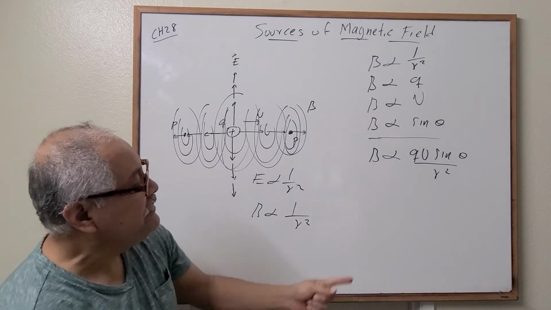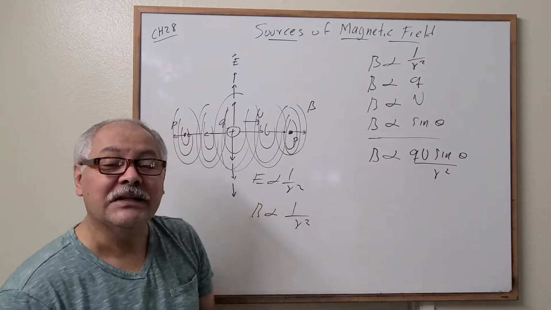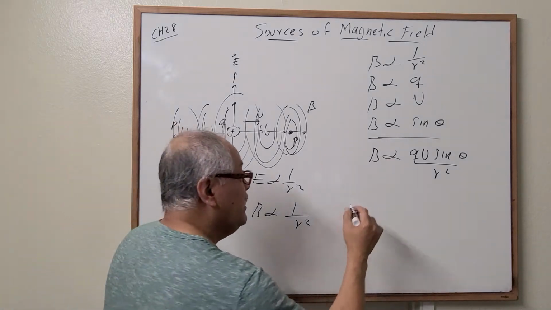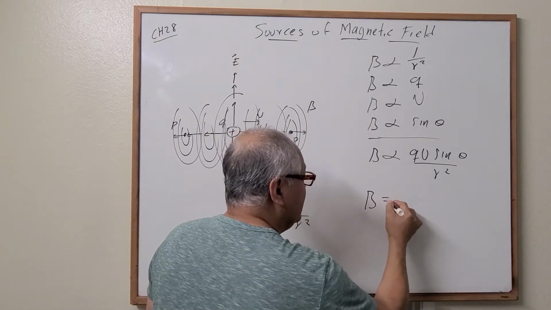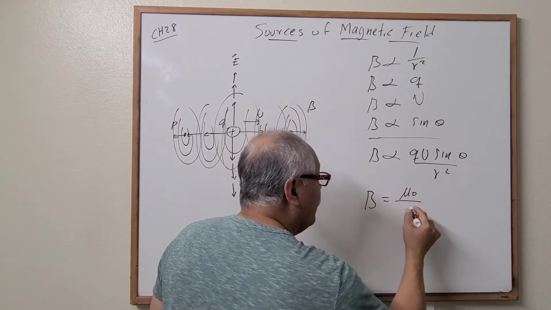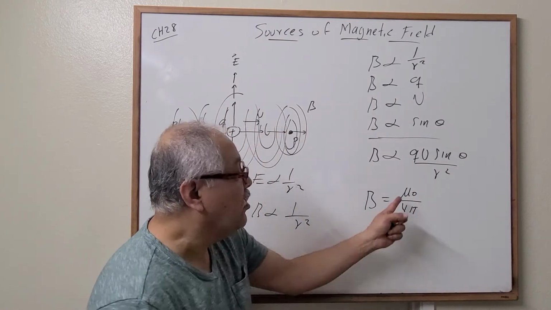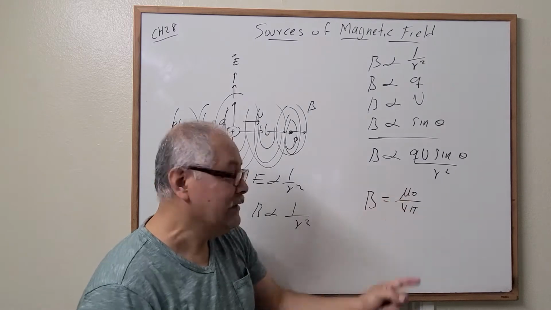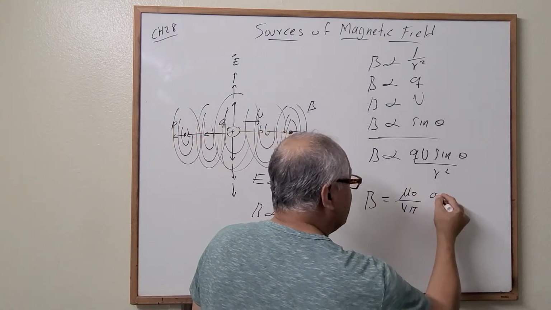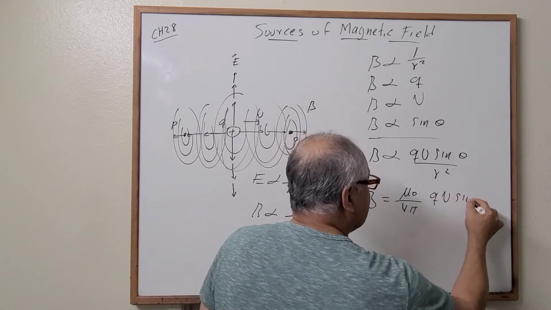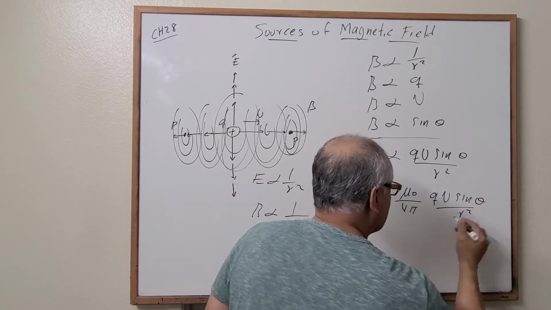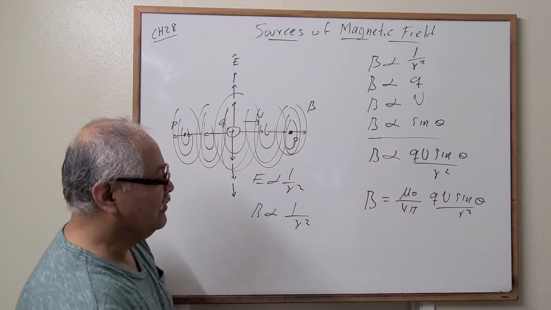Perfect. Now let's eliminate this proportionality symbol using a constant, the constant of proportionality. The constant of proportionality is going to be mu naught over 4 pi. This is called the permeability constant, okay? Times the charge, times v, times sine theta divided by r squared. Correct?